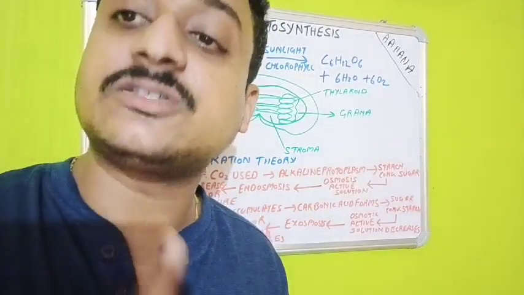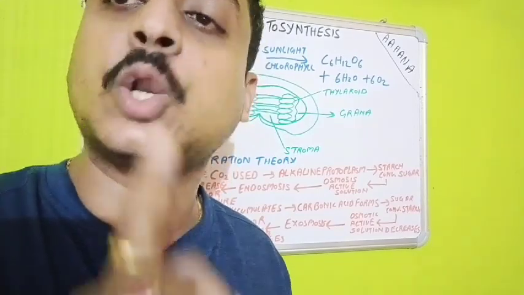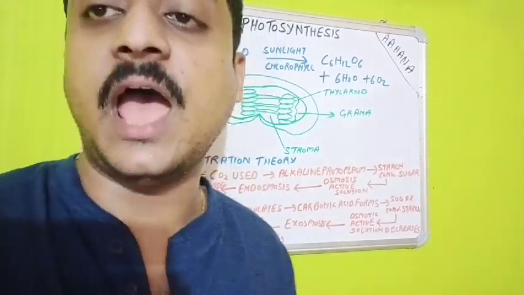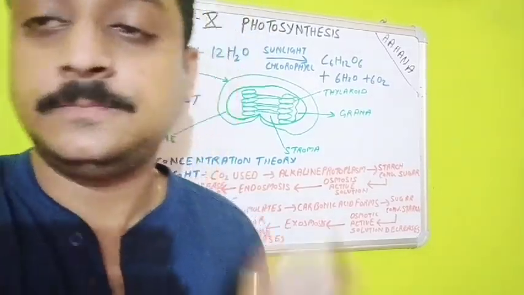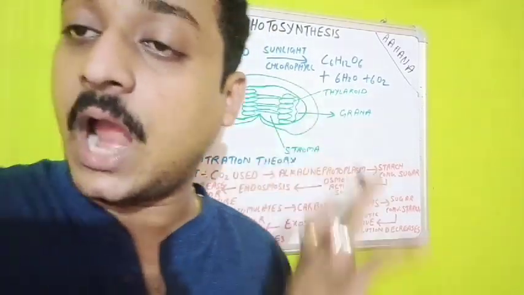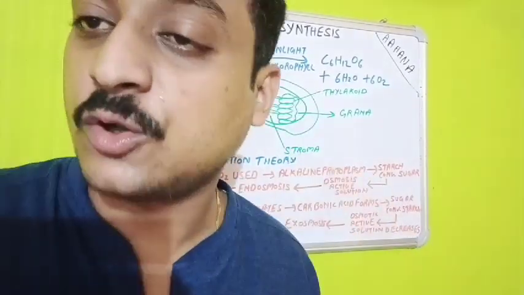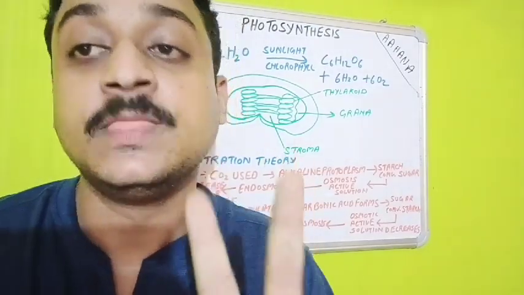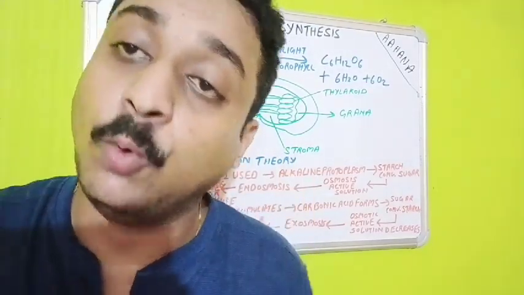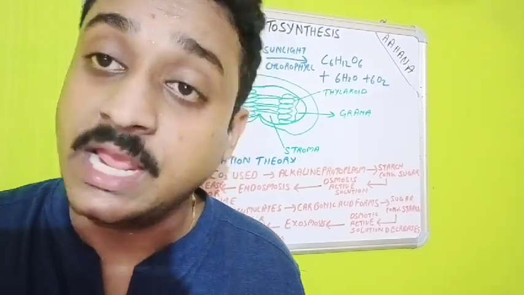Each sac-like structure present in the chloroplast is considered a thylakoid. A pile of thylakoids is called grana, and each such grana is the home of the light reaction of photosynthesis. The photosynthetic reaction is divided into two, dark reaction and light reaction, but both reactions take place in the leaf only, in the chloroplast only.